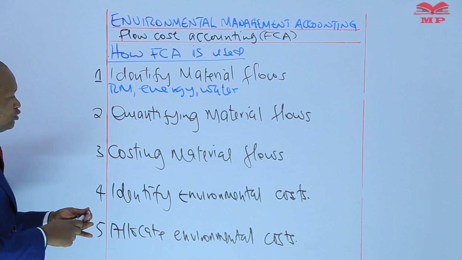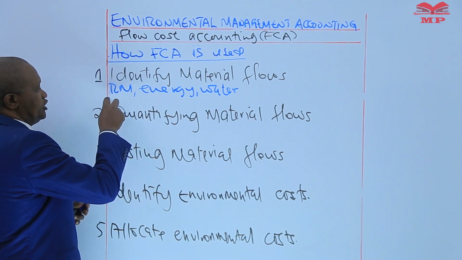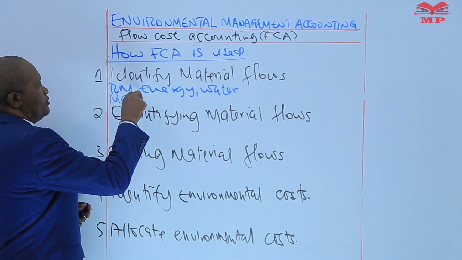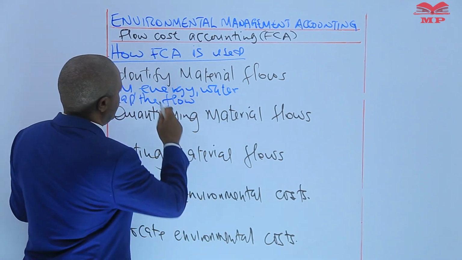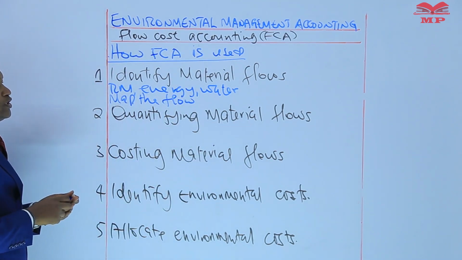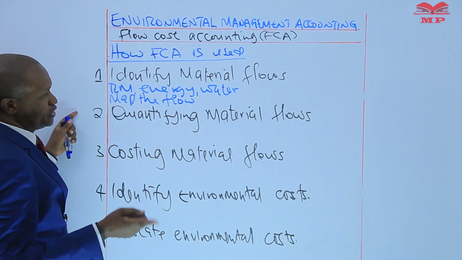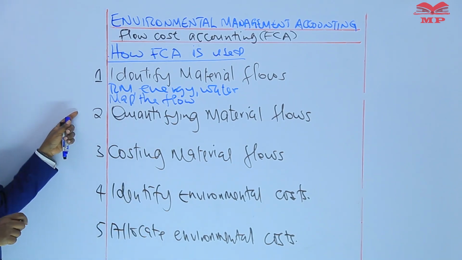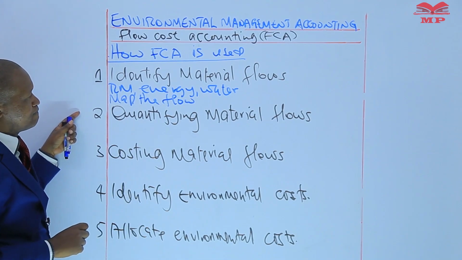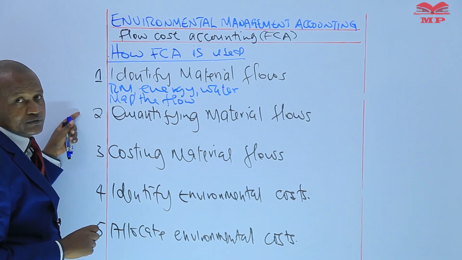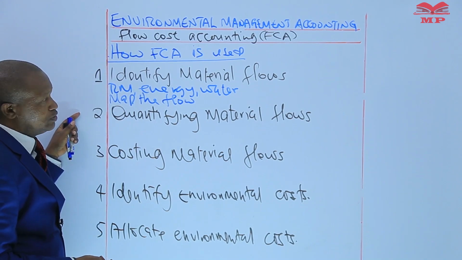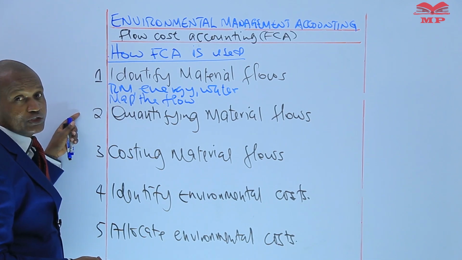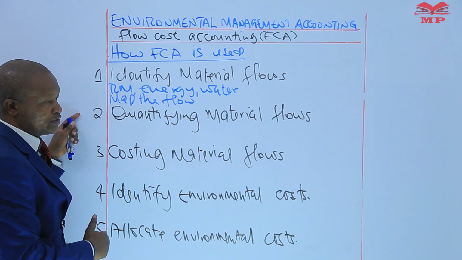Then map the flow of the materials through each stage. Because when producing goods or services, there are various stages in the production process. And you appreciated this when you went through the process costing topic in your earlier lessons.